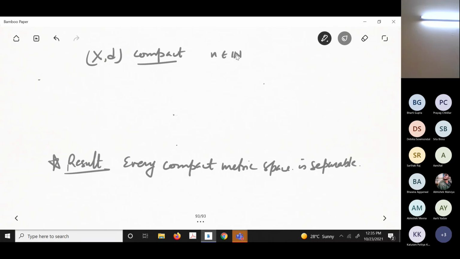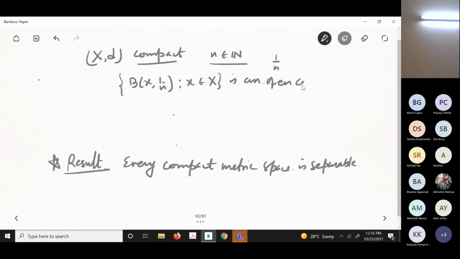Now for this, you choose the radius 1/n. Then the balls B(x, 1/n), x belongs to X, form an open cover of X. But (X, d) is compact, so it will have a finite subcover.